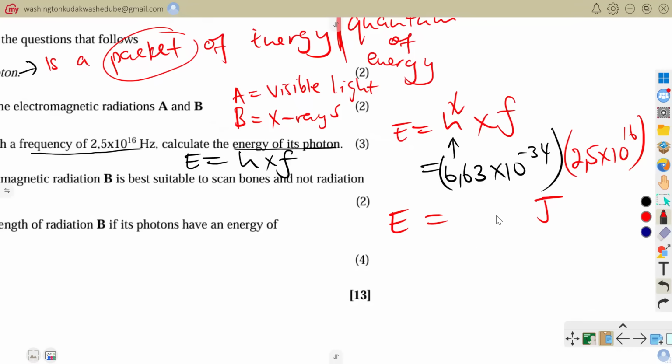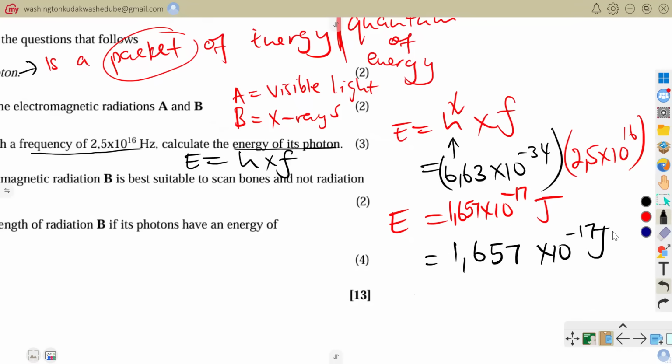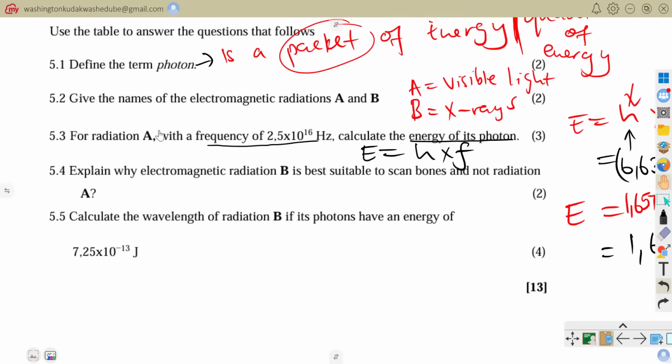And the answer that I'm getting is 1.657 times 10 to the power negative 17 joules. Don't forget to write your units there, and your units are joules. That is how you calculate the energy of the photon that is having a frequency of 2.5 times 10 to the power 16.